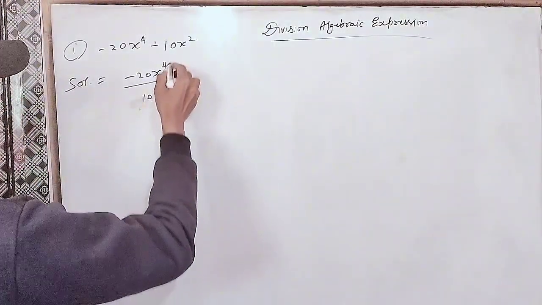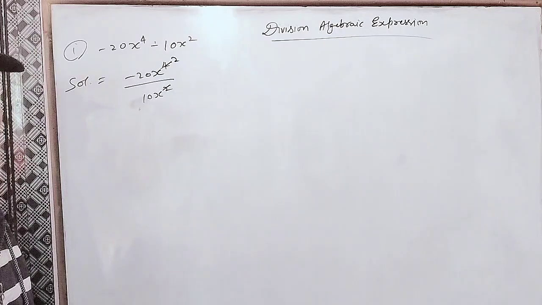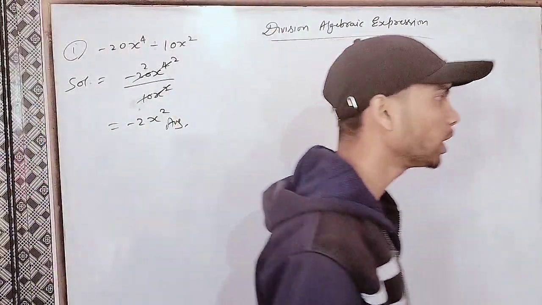So it will get cancelled. We will have 20 upon 10, which is 2, and x to the power 2. This is how we simplify it.